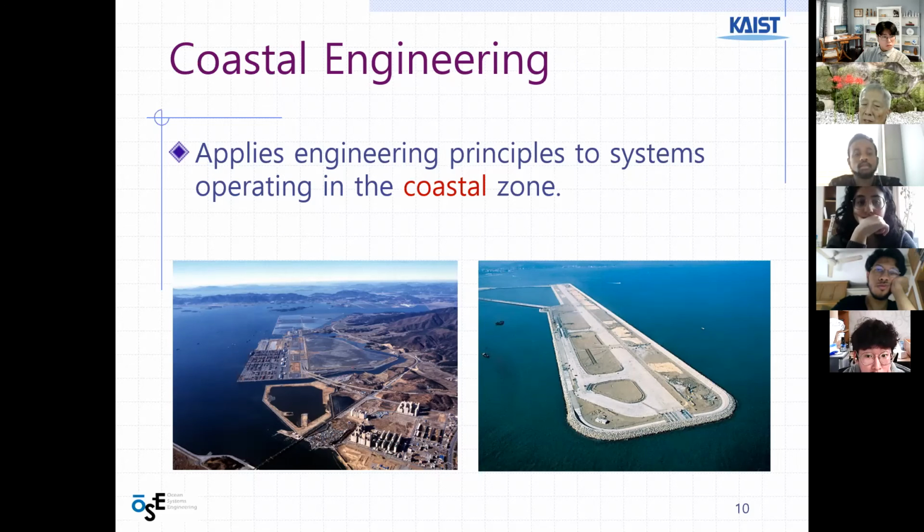And right-hand side looks like an airport, but in the middle of the ocean. So you may guess this looks like a floating island and airport, and probably can be an airport in Japan, but I'm not sure again.